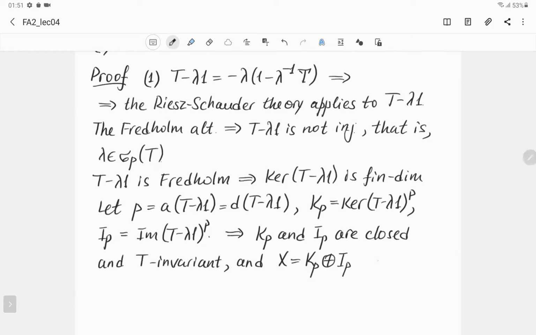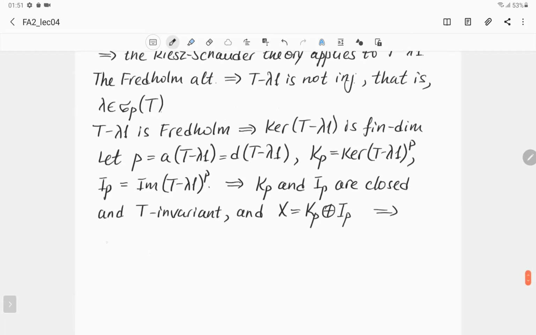Well, what can we now say about the spectrum? It's clear that if you have such a direct sum decomposition, then the spectrum of T is the union of two pieces: the spectrum of T restricted to Kp and the spectrum of T restricted to Ip.